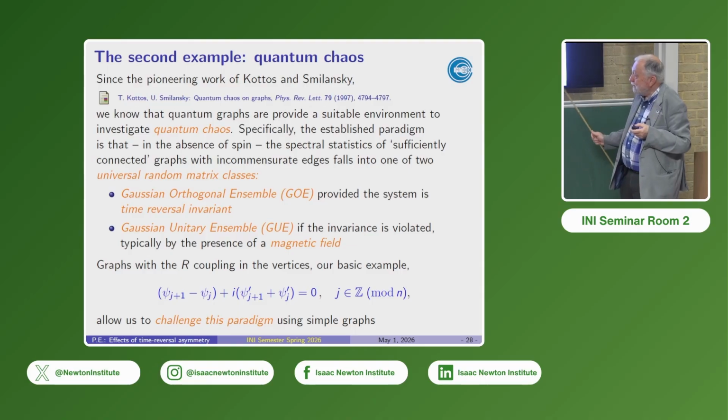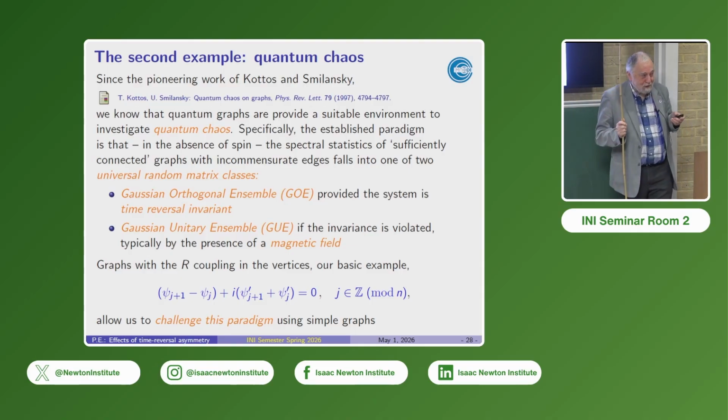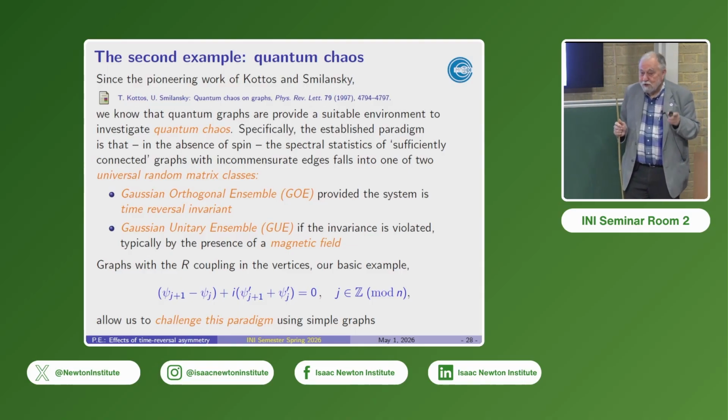Now, I'm using this example of the coupling to challenge this paradigm.